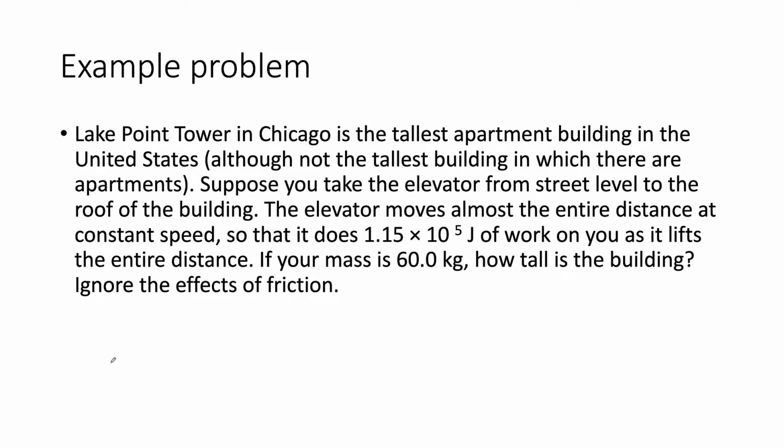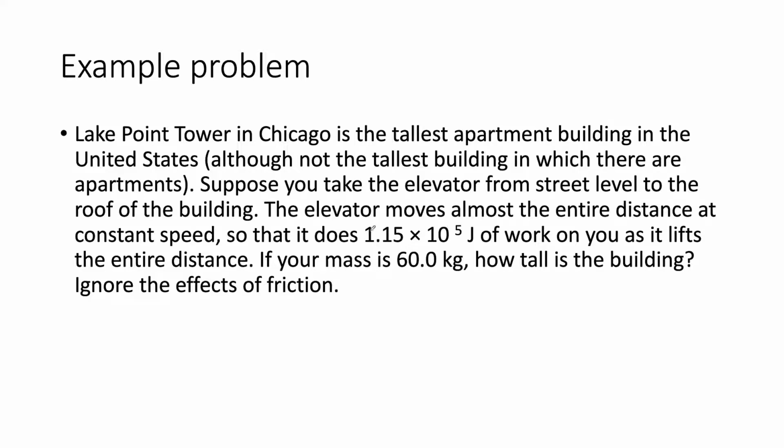So let's look at our example problem. We've got this tower in Chicago. It's supposed to be the tallest apartment building in the US, totally apartments. If you take the elevator from the street level to the roof, and it goes the entire distance at constant speed, it does 1.15 times 10 to the 5th joules of work.